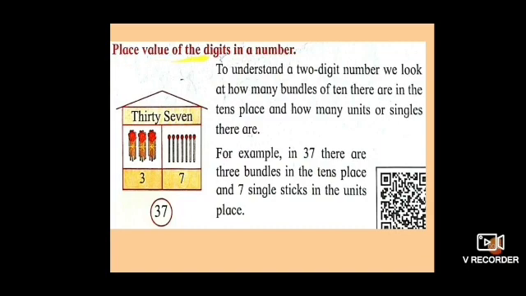Place value of the digits in a number. To understand a 2-digit number, we look at how many bundles of 10 there are in the tens place and how many units or singles there are. For example, in 37 there are 3 bundles in the tens place. 1, 2, 3.